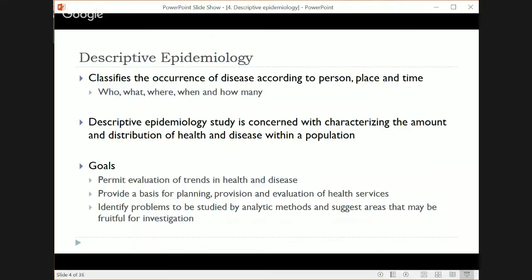The goals are going to be to permit evaluation of trends in health and disease, and to provide a basis for planning, provision, and evaluation of health services, and lastly, to identify problems that could be later studied by more in-depth methodology.